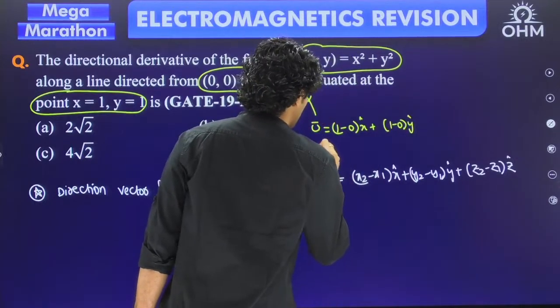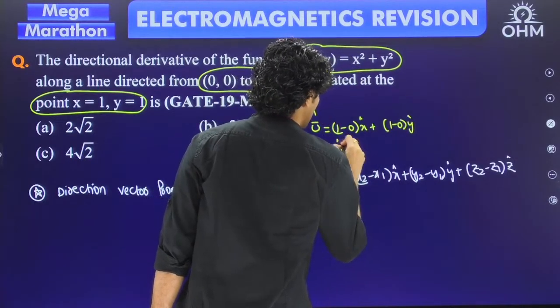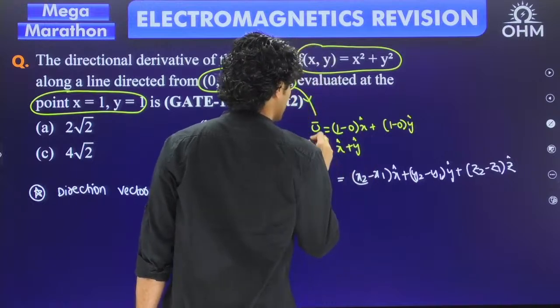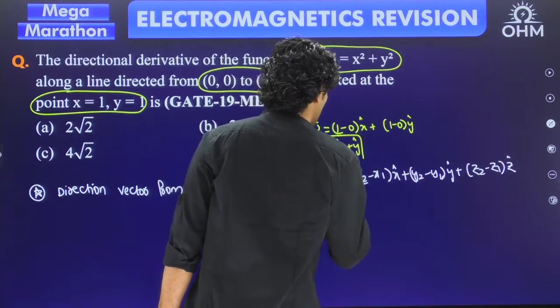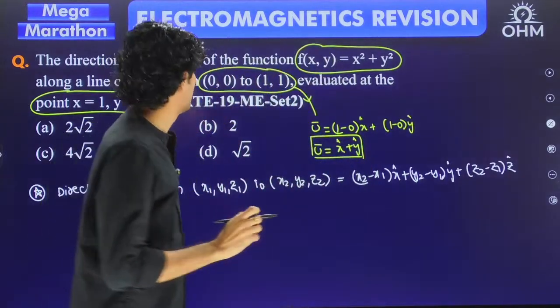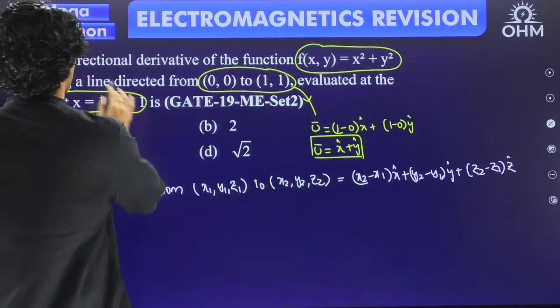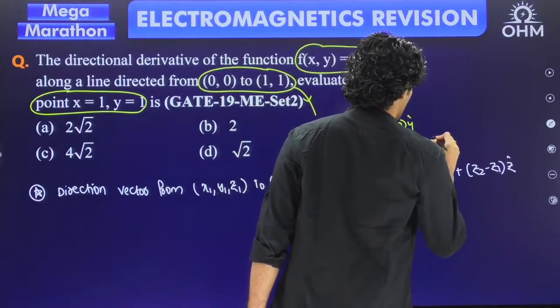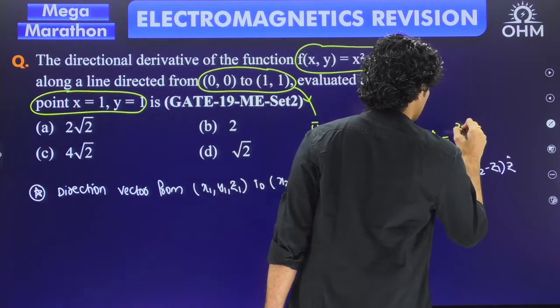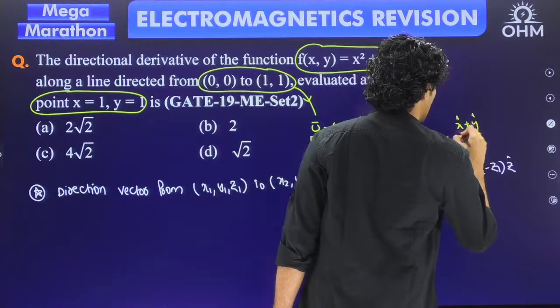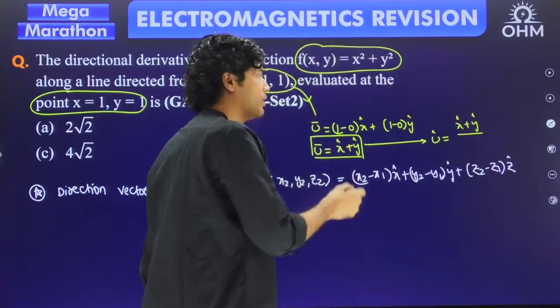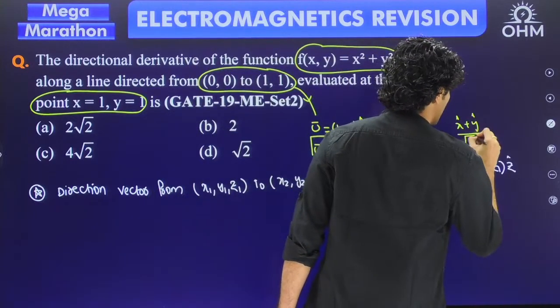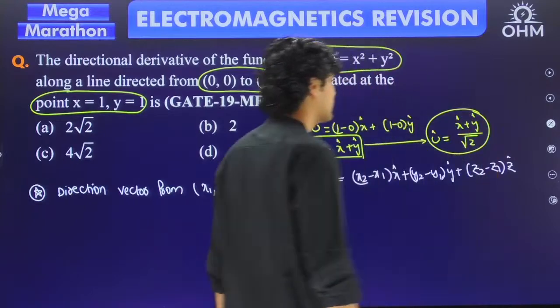And this u bar becomes equal to x cap plus y cap. But do I want u bar? No, I want u cap, because here also I'm supposed to find out the directional derivative. What is u cap? This is x cap plus y cap divided by square root of 1 square plus 1 square, which is overall square root of 2.